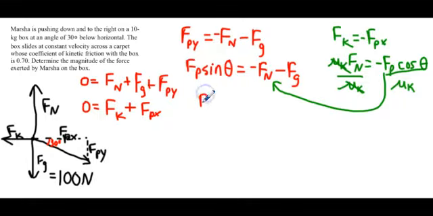So then I have FP sine theta equals, okay, looks like those two negatives are actually going to cancel out.